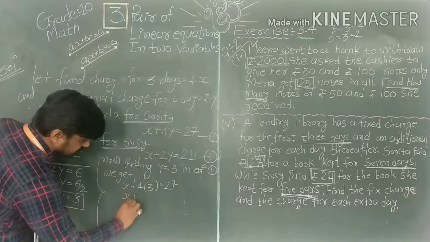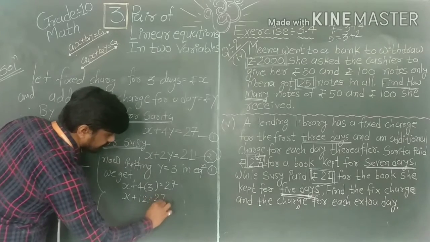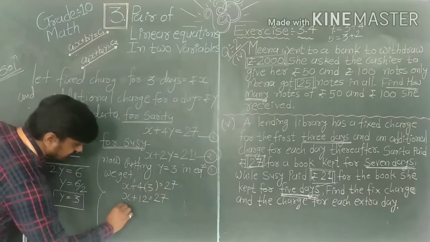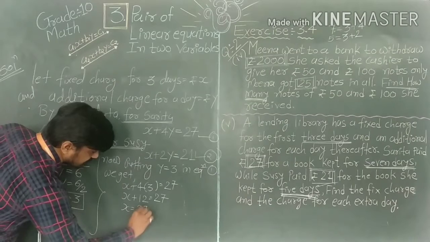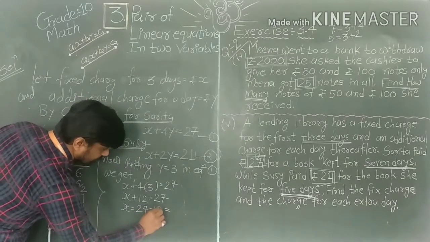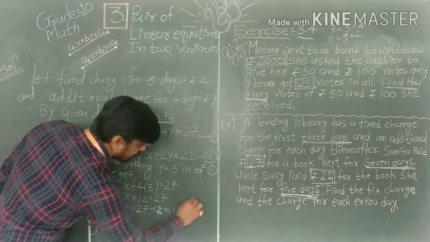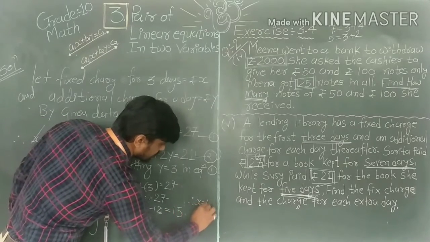Therefore, X plus 12 is equal to 27. Now transfer to the opposite side. X is equal to 27 minus 12. That means X is equal to 15.